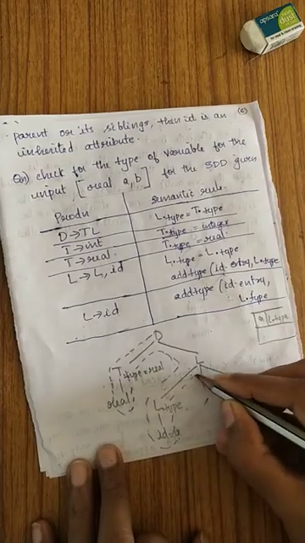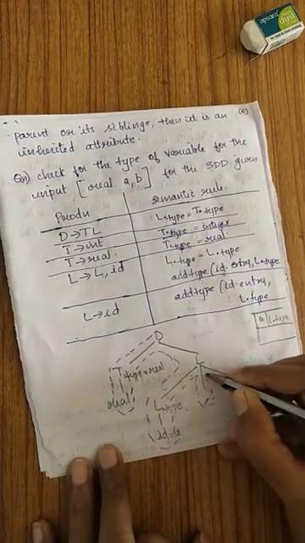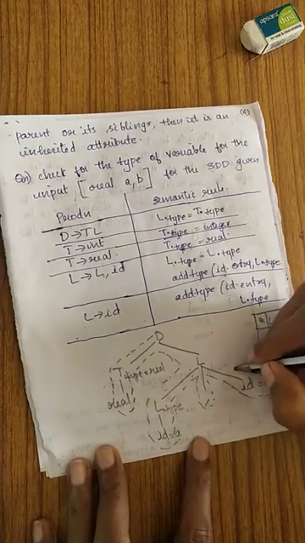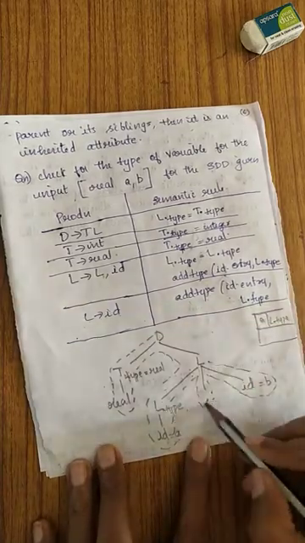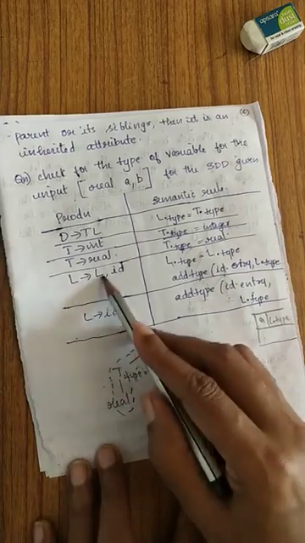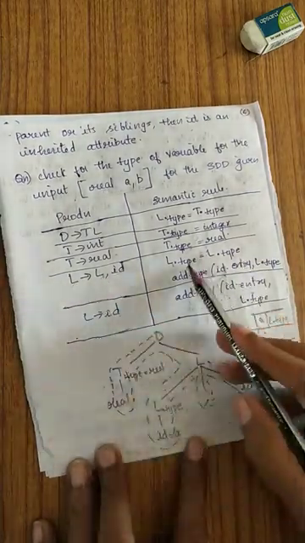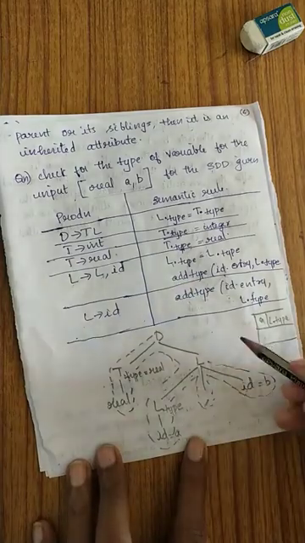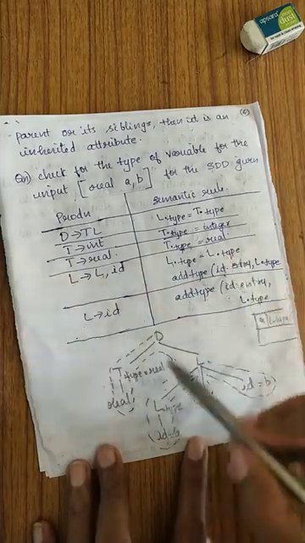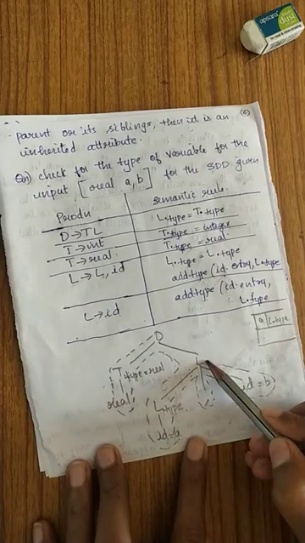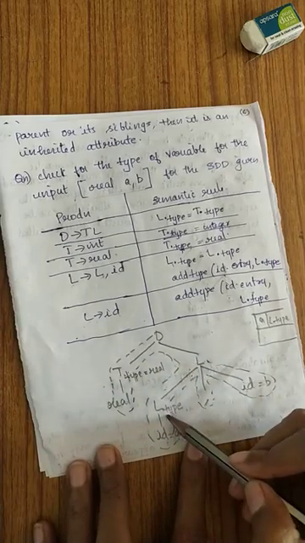So I am moving forward. So there is a reduction. L comma ID is reduced to L. L comma ID is reduced to L. So here it's a reduction step. So here what happens? Whatever be the type of L, that is, whatever the value of this L type, that has to be assigned to this L1.